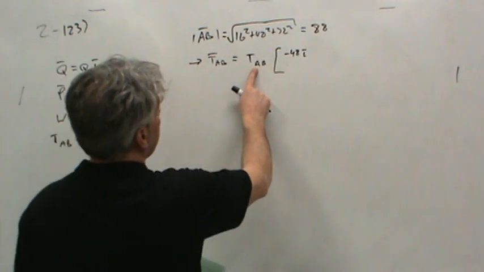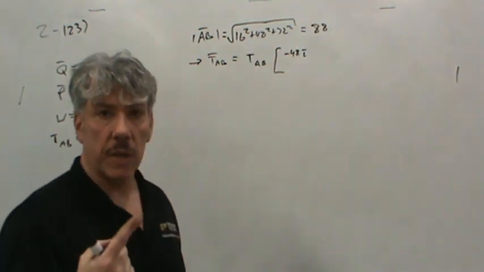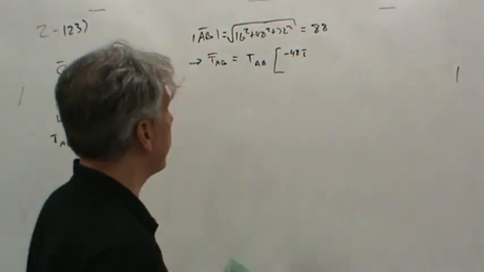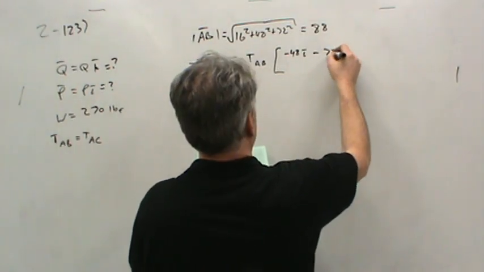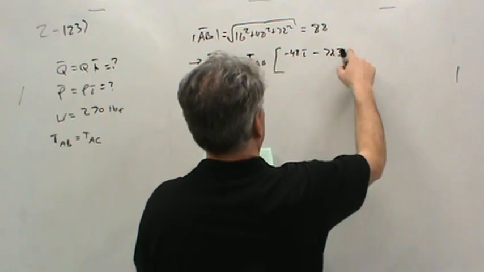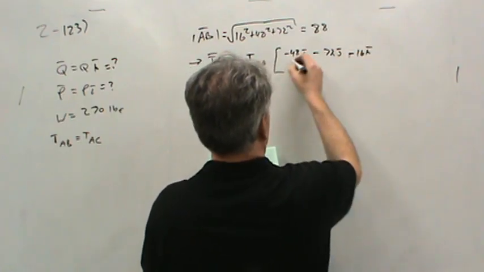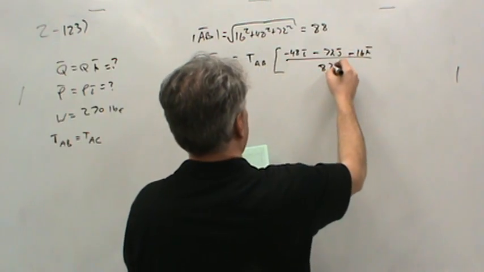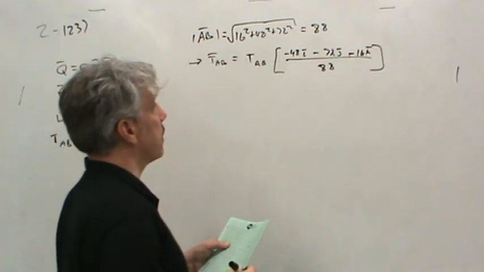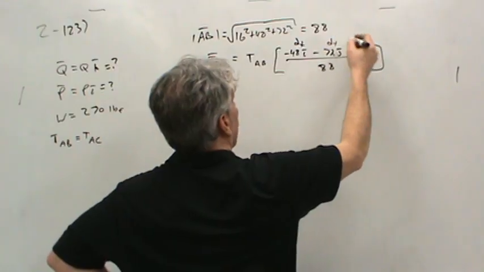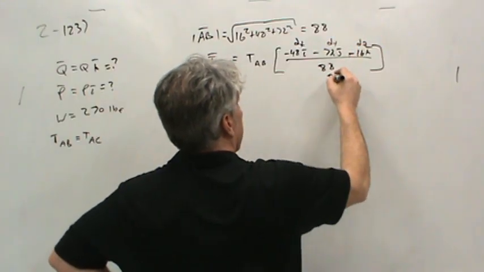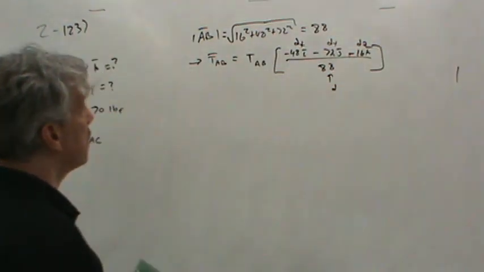That makes sense because the tension has to be pointed from A towards B. So negative 48i minus 72j minus 16k, and all of this is over the magnitude of that vector, 88. So this is our dx, dy, dz, and then the magnitude d that the textbook uses.